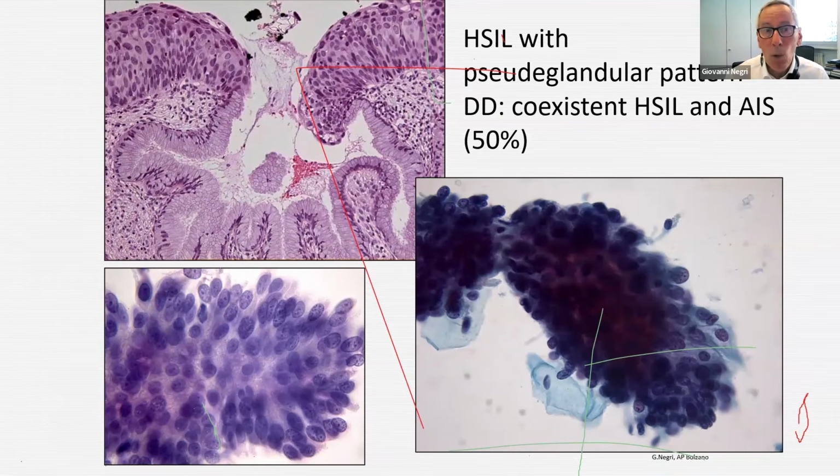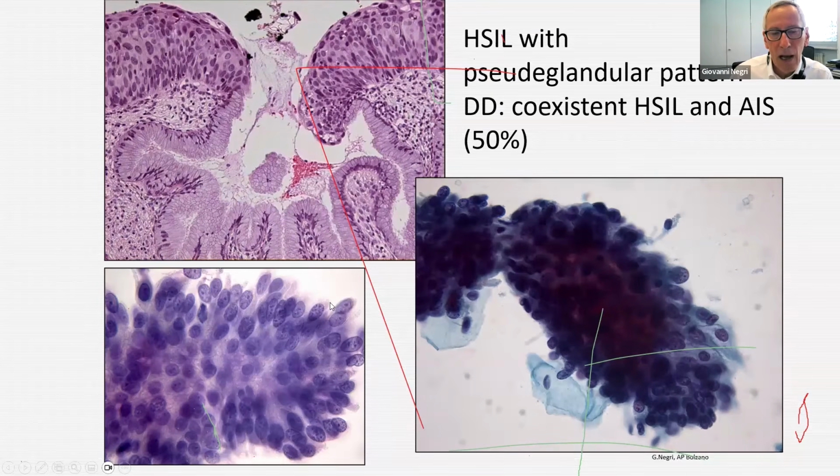One typical differential diagnosis is HSIL with a pseudoglandular pattern. It happens particularly when you have involvement of the endocervical glands, and these may mimic adenocarcinoma in situ. In some cases, you see hyperchromatic crowded growth, but the differentiation from an adenocarcinoma in situ should be relatively simple, because your margins are quite sharp.